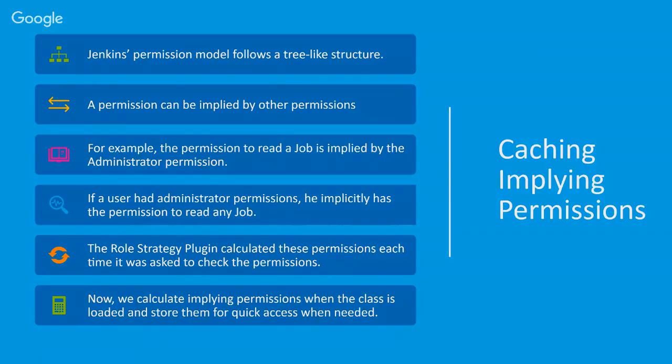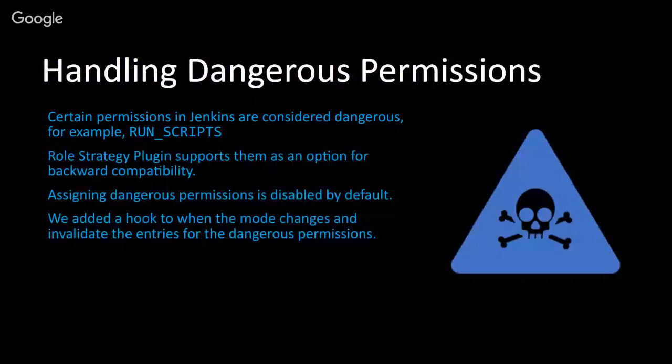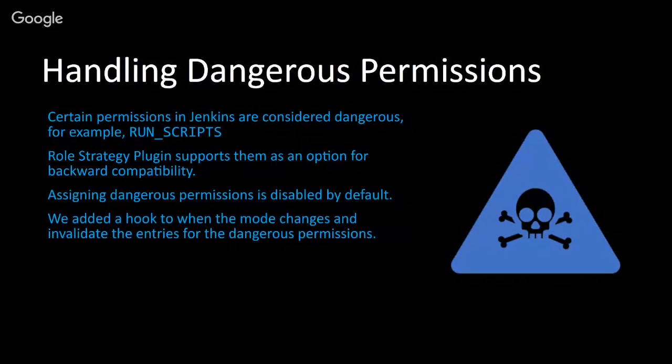Now, a challenge we faced here was handling dangerous permissions. So in Jenkins, some permissions are considered dangerous. For example, let's consider the run scripts permission. This permission allowed non-administrator users to run Groovy scripts, which had the access to Jenkins internals and would allow them to configure anything that they like. Role strategy plugin supports them as an option for backward compatibility.